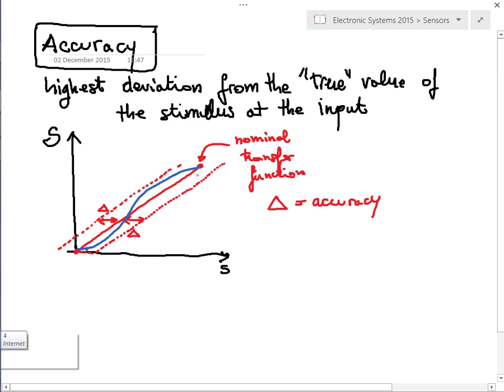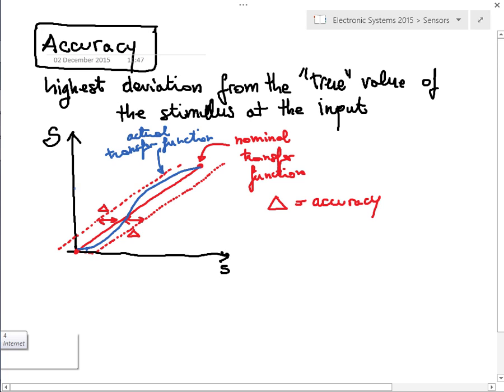For example, you see here, if the actual transfer function is this one, the maximum error in the measurement of the quantity S is smaller than delta.